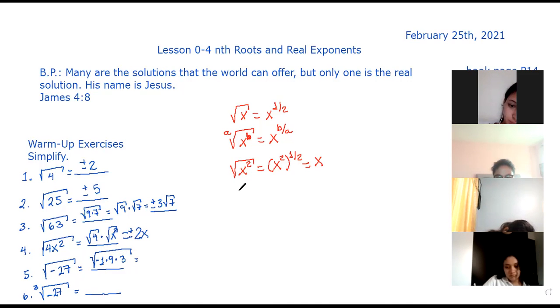You already know, I'm going to write it again here so that you remember, the square root of negative 1 is i. So that means that you can separate this as the square root of negative 1 times the square root of 9 times the square root of 3. So it's positive and negative 3i square root of 3.